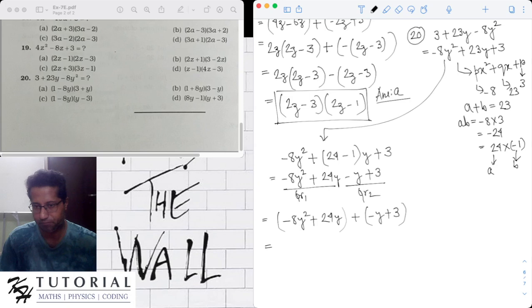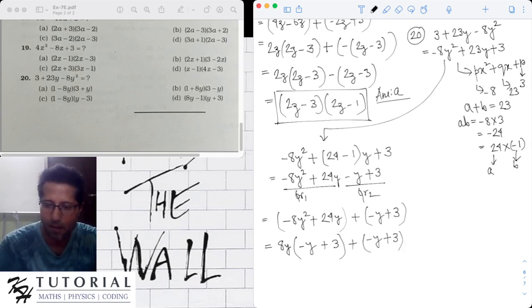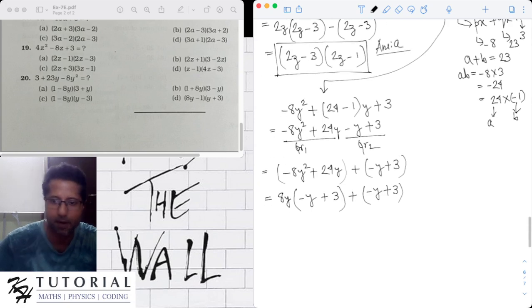Now from the first group, I can see that for both the terms, there is a common factor of 8y. So if I take 8y as a common factor from both the terms of the first group, I get 8y multiplied by minus y plus 3. And I also know the second group is minus y plus 3. So we see that minus y plus 3 is the common factor in both the groups.